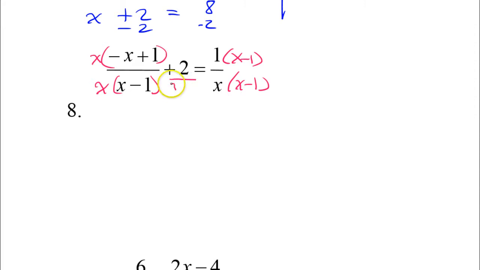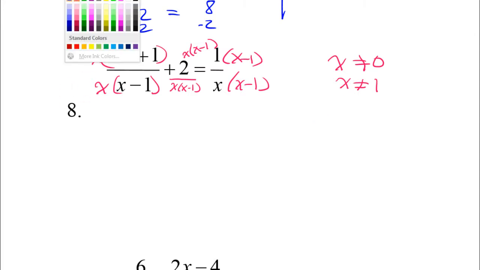The 2 needs an x and an x minus 1. Excluded values real quick. Because of the x, x cannot equal 0. Because of the x minus 1, x cannot equal positive 1.